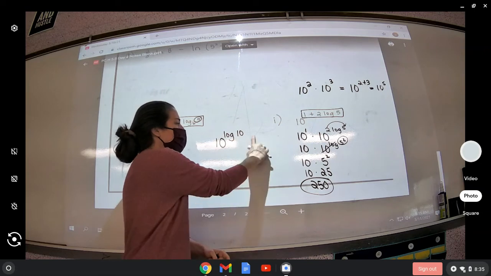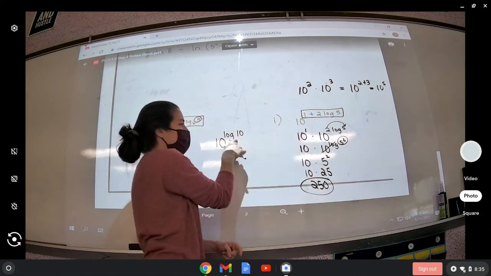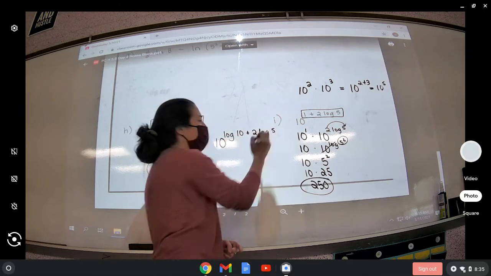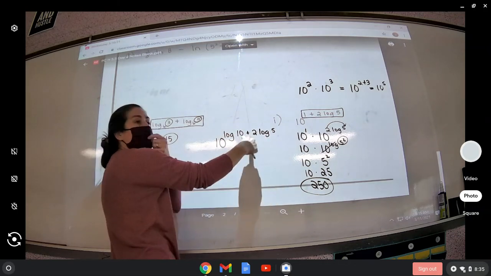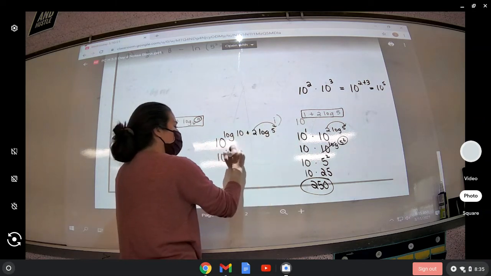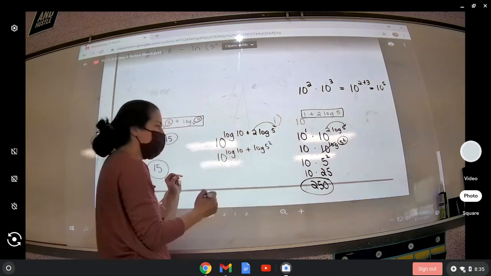Yeah, 10 to what power is 10? 1. So you could rewrite 1 as log 10 and then plus 2 times the log of 5. And now you'd be able to condense these two base 10 logs back together as one log using multiplication. Just throw that back up, and now you have 10 to the log 10 plus log of 5 squared.